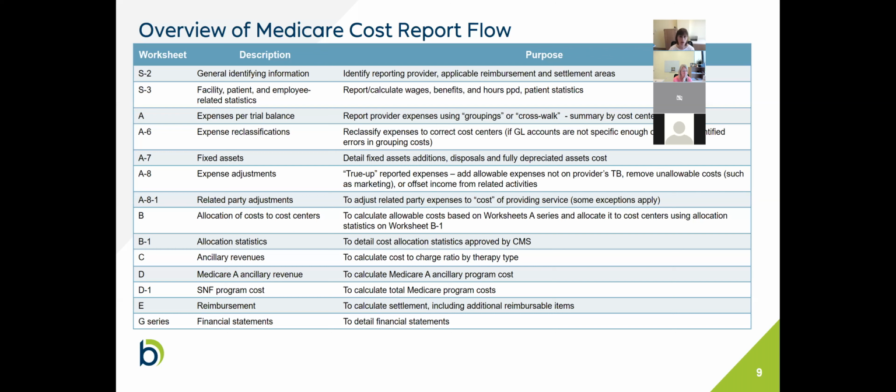And the cost report calculates whether you need to pay back to Medicare. Normally it's only limited to overpayment of bad debts or vaccine cost. And there are also situations where Medicare may have underpaid you, so you would be getting money back from Medicare. And then the last section of the Medicare cost report is financial statements. And normally we just report it from information you provide to us.